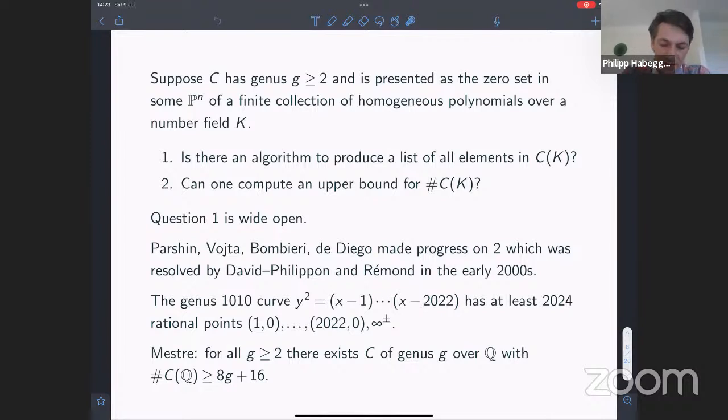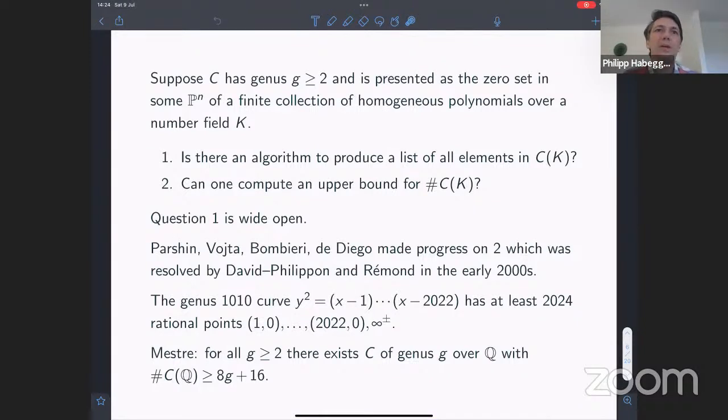And the second question is, well, maybe a bit more modest. Can we at least produce an upper bound for the number of K-rational points, given the complete data on C and K? For the second question, there's more to report in general. In fact, already after Faltings' proof, Parshin gave a way to extract an upper bound from various invariants attached to the curve that come out of Faltings' approach, and that was written up in a paper by Szpiro.